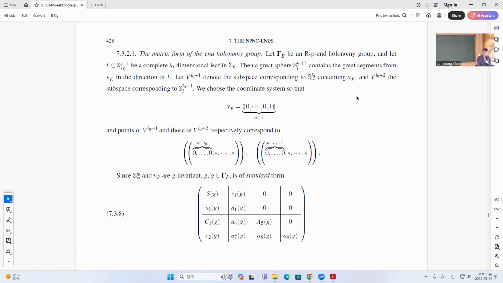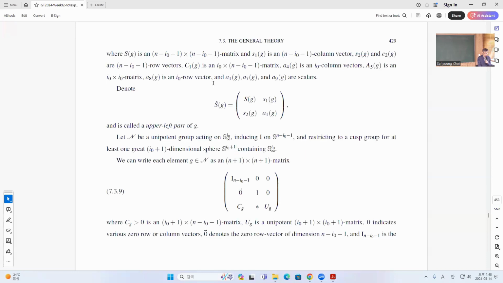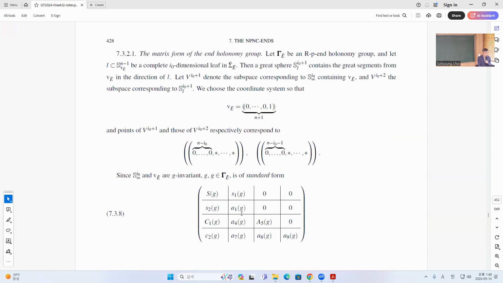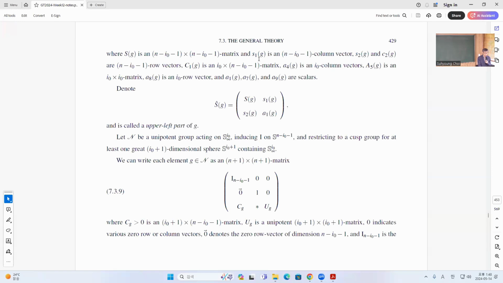Then these subspaces containing these are preserved. So it has to be like this. And the final vector, these all have to be zero because b is a fixed point. So this corresponds to the b here. And so S_G is a matrix like this, and S1 and S2 are some vectors.